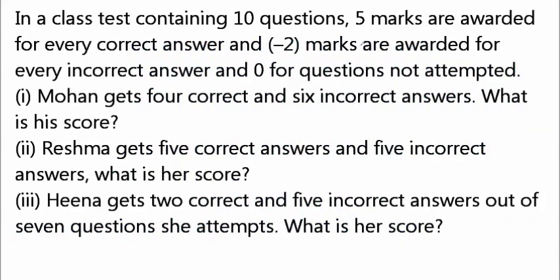In a class test containing 10 questions, 5 marks are awarded for every correct answer and minus 2 marks are awarded for every incorrect answer, and 0 marks are awarded for questions not attempted. So let's find how much Mohan, Reshma and Hina get. So let's write the givens first.